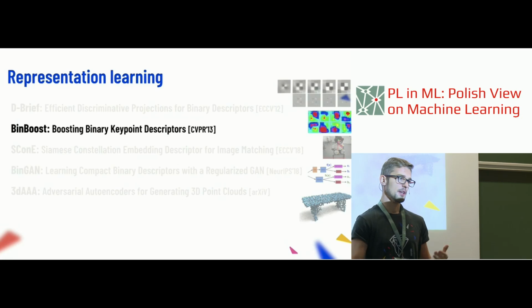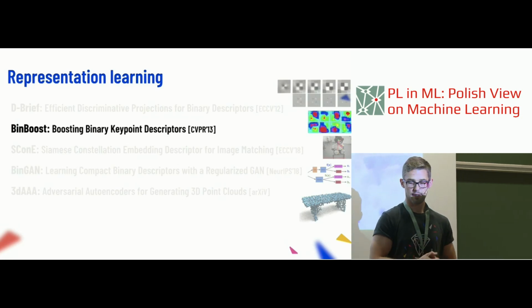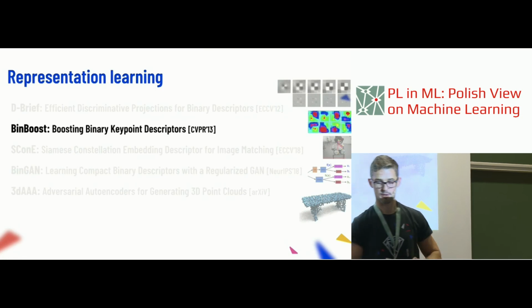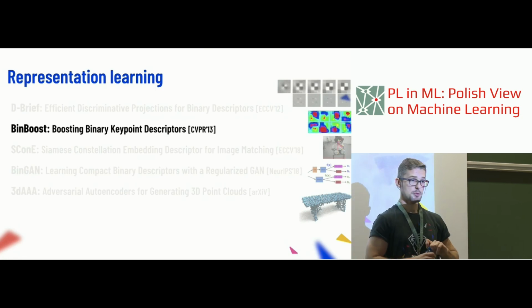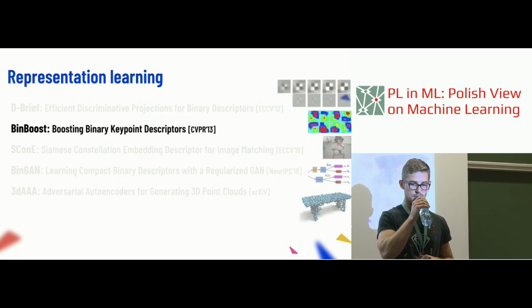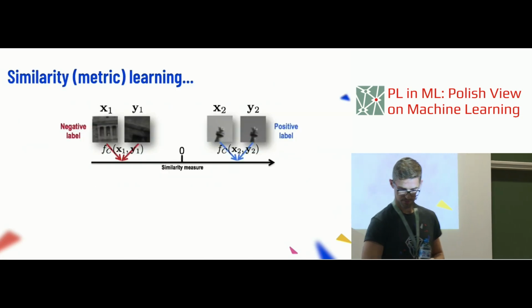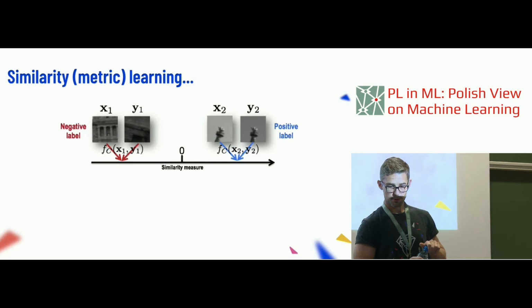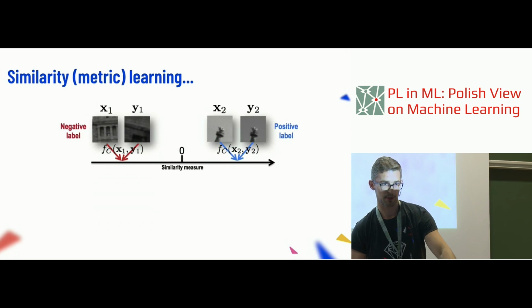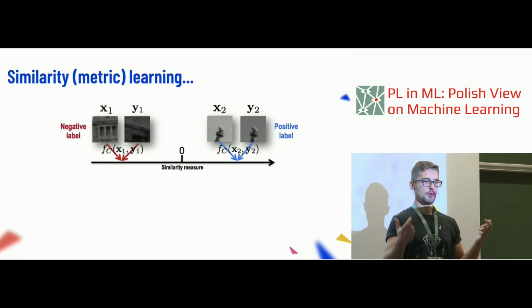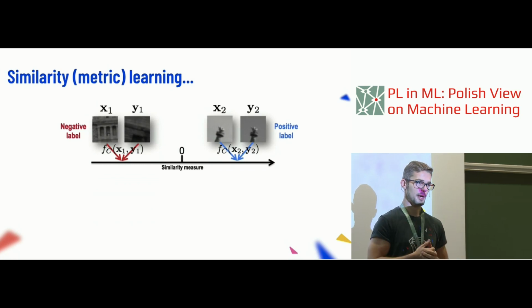So we looked at something a little bit more complex, which is boosting. And we came up with an idea of using boosting for learning the descriptors as well. The paper was published in 2013 at CVPR, and it's called Boosting Binary Key Point Descriptors. Okay. So the idea is a little bit different. Instead of just mapping and trying to minimize one objective function, we're trying to learn the whole similarity between two image patches, or actually pairs of image patches.